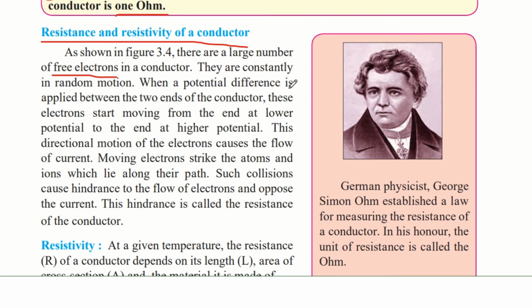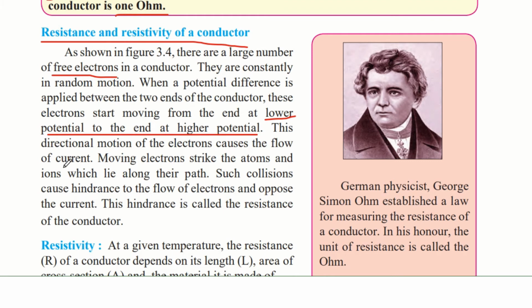When a potential difference is applied between the two ends of the conductor, these electrons start moving from the end at lower potential to the end at higher potential, which we had studied earlier. This directional motion of the electrons causes the flow of current.